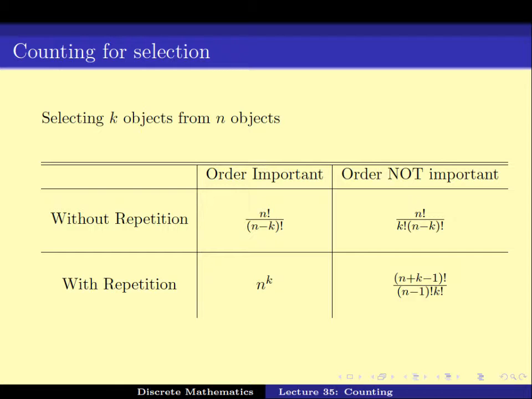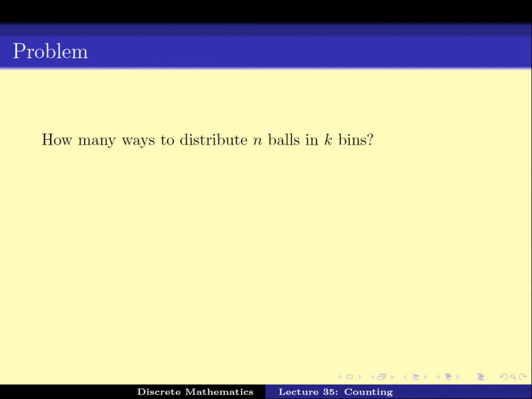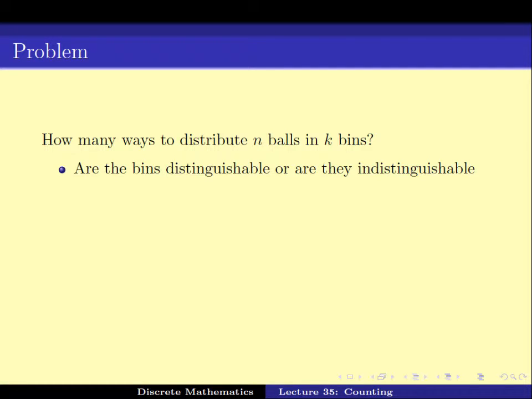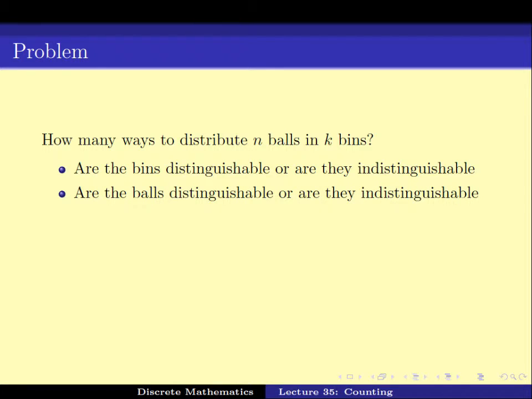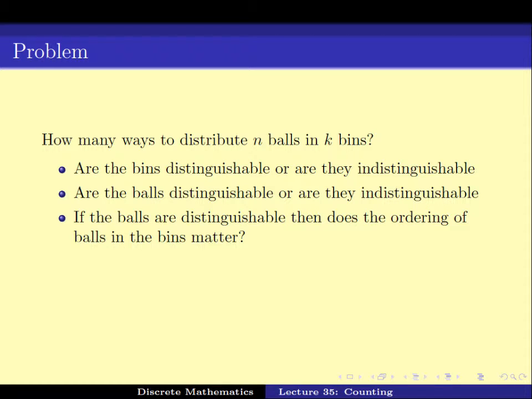Another important question here is how to distribute n balls into k bins. And there are a few questions that one should ask, namely: are the bins distinguishable or labeled or are they not? Are the balls distinguishable and labeled? If the balls are distinguishable, then does the ordering of the balls in the bins matter?